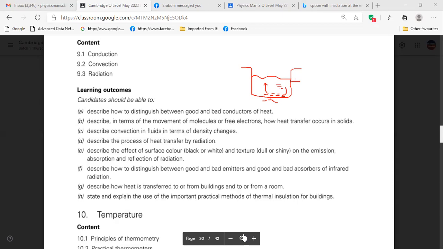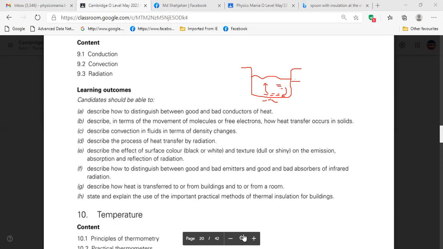No solid, no liquid, no air, no fluid, nothing else. Only vacuum, right? Even after that, we are getting heat energy.